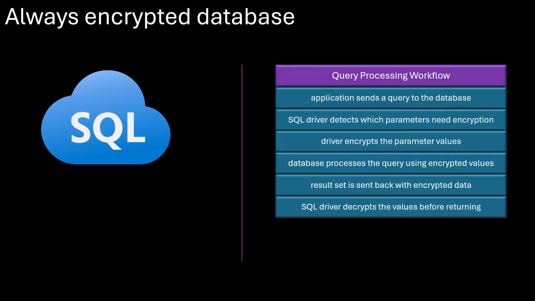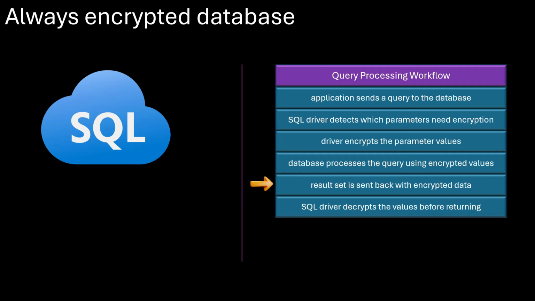Let's discuss them. In this case, the application sends a query to the database. The SQL driver detects which parameters need encryption and retrieves metadata, such as the encryption algorithm or keys. The driver encrypts the parameter values before sending them to SQL. The database processes the query using encrypted values.